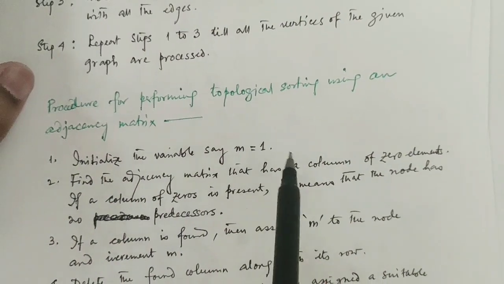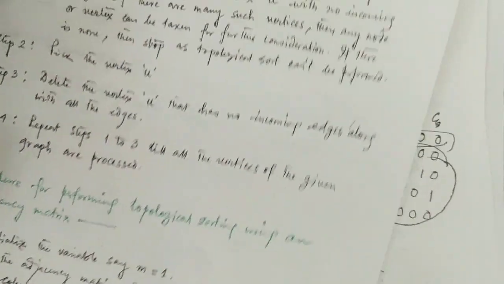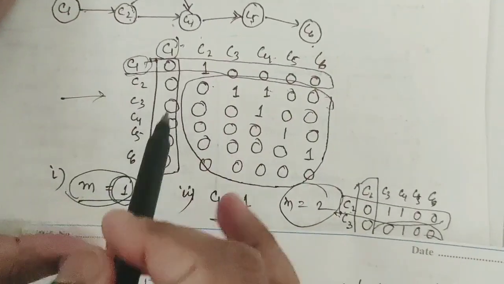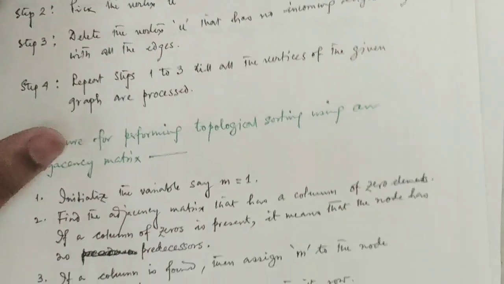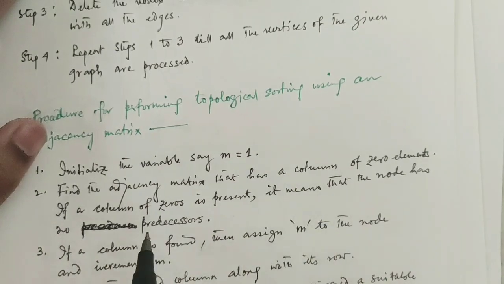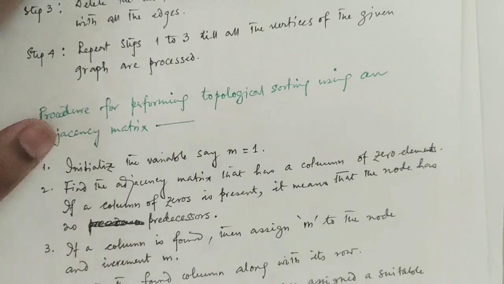That means m equals 1. Find the column of the adjacency matrix that has all 0 elements. From the example again, you can form the adjacency matrix and identify the column that has all zeros. And if a column of 0s is present, it means that the node has no predecessor. I told it: no predecessors, no incoming edges.